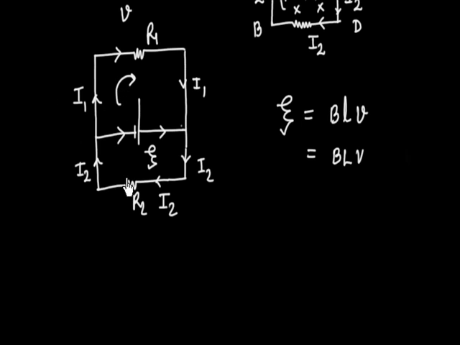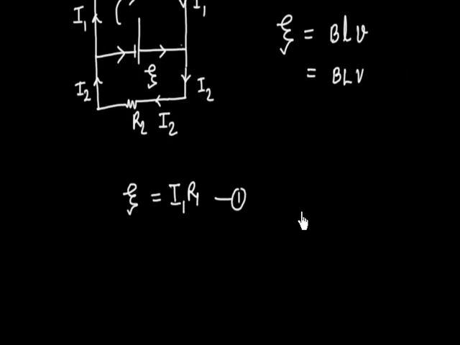In the top circuit, Xi is equal to current times R1, so Xi is equal to I1 times R1. Similarly, for the second, Xi is equal to I2 times R2.